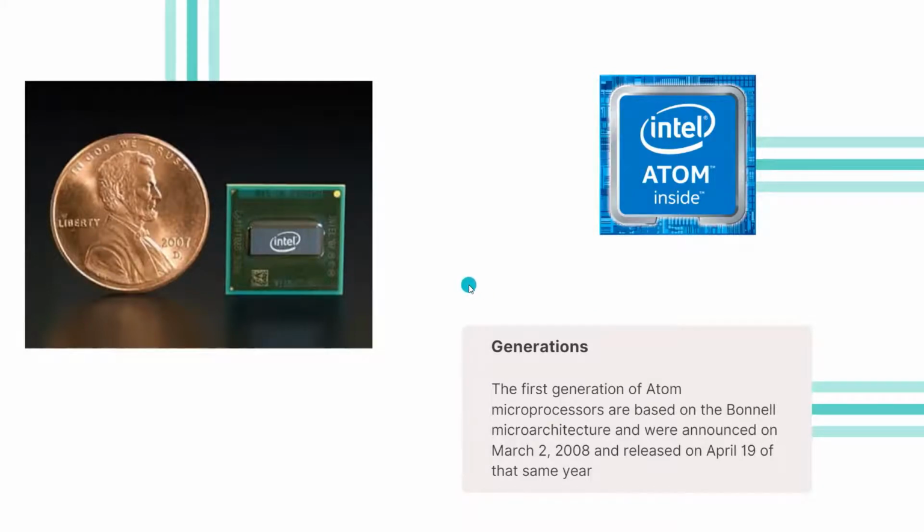Its technology characteristics are: clock speed 1.10 gigahertz, transistors 47 million, memory 4 gigabytes, cache 512 kilobytes L2, bus speed 400 MT/s. Typical use is mobile internet devices.